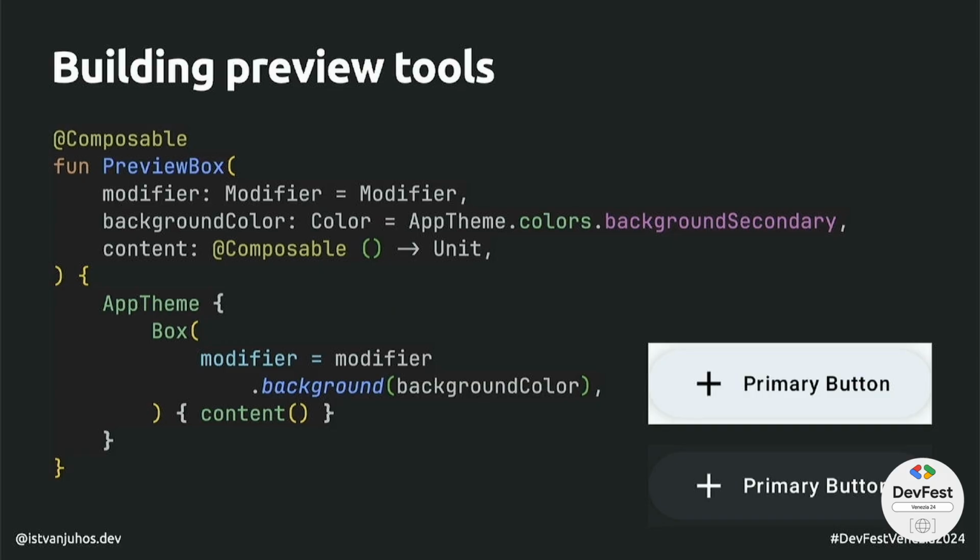That's because the background color there is instantly read if it's left for its default value. It's instantly read when the preview box is called, and it's not actually called in the app's theme. So it will default to some other color. For example, in Material, it defaults to this purplish or bluish color. In our design system, it could default to the light theme. So that background secondary can be anything at that point.